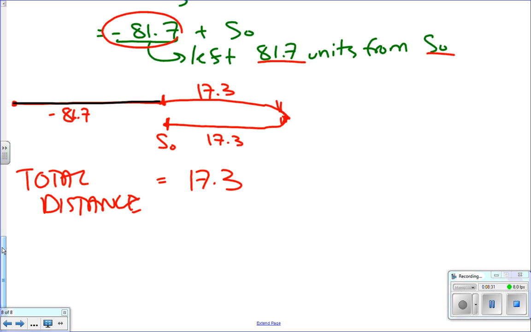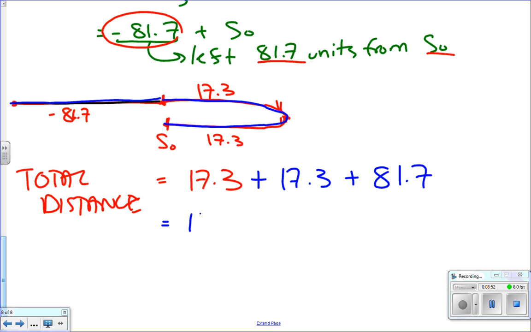So that accounts for this distance here. Then we add another 17.3. We end up back at the origin, plus 81.7. Okay, and then once we add up all these values here, we're going to get a distance of 116.3 meters.